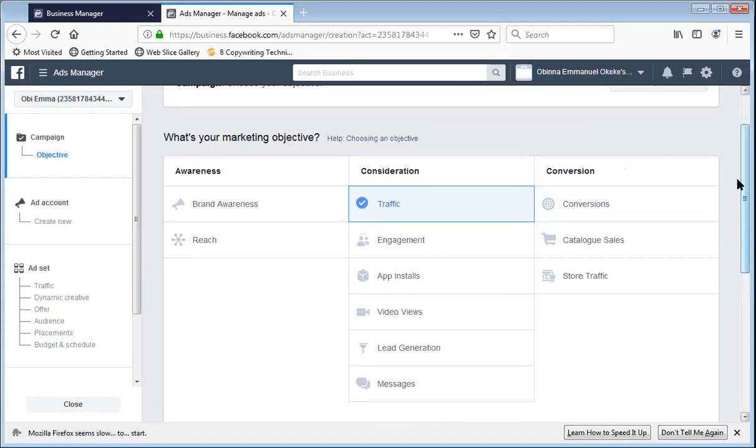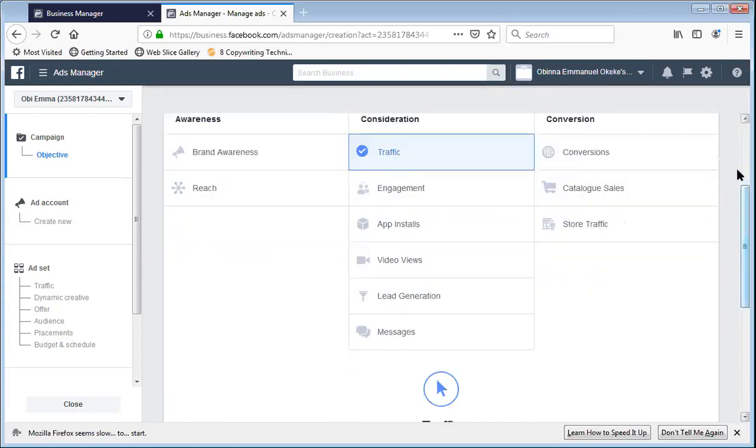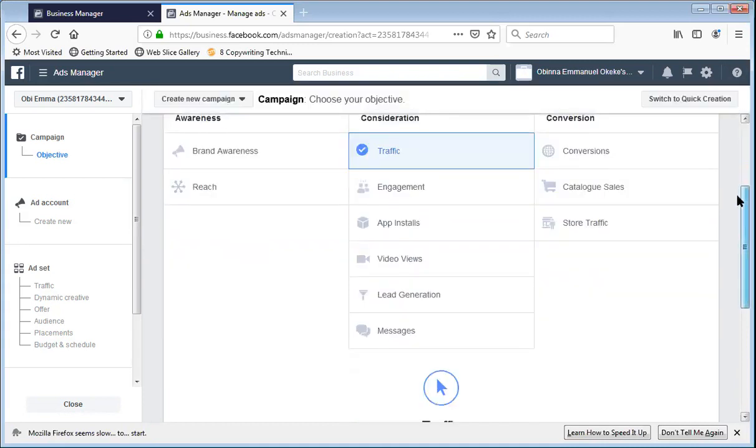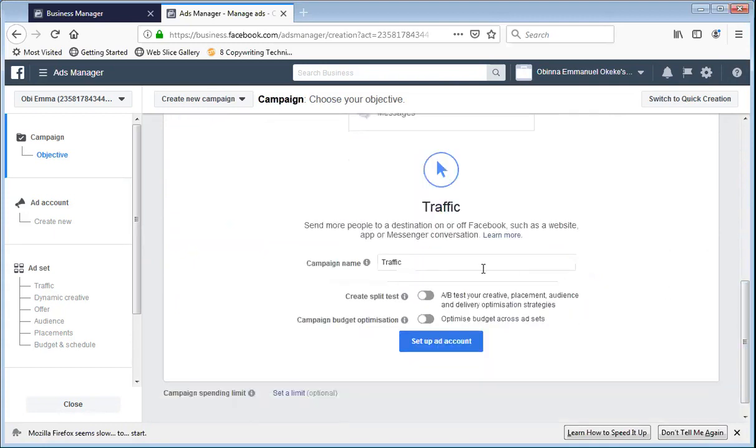All right. So let's choose an objective. For the purpose of this video or this training, let's go with the traffic ad. Let's go with a traffic objective. So we want to run a traffic ad. You have to give your campaign a campaign name. Of course, you will be creating multiple adverts, so you will need to differentiate.